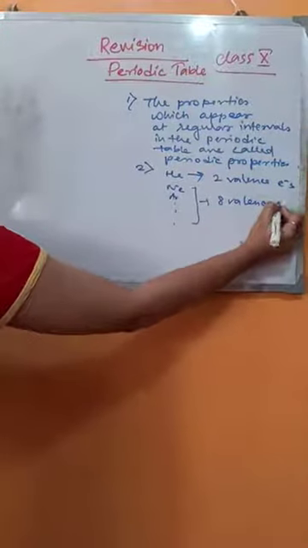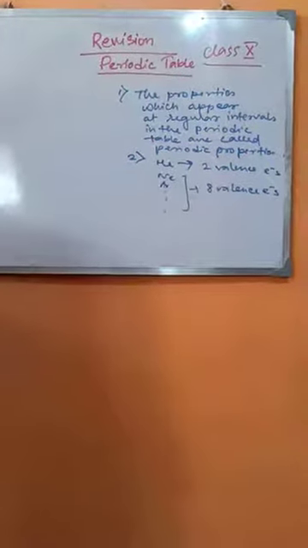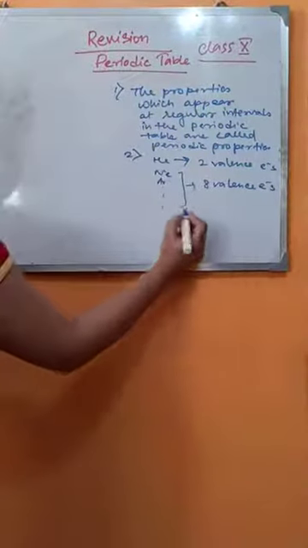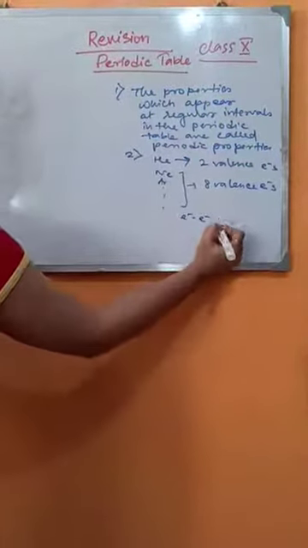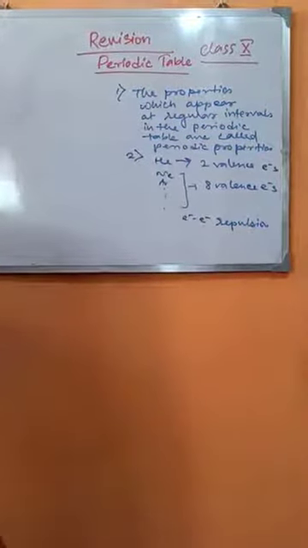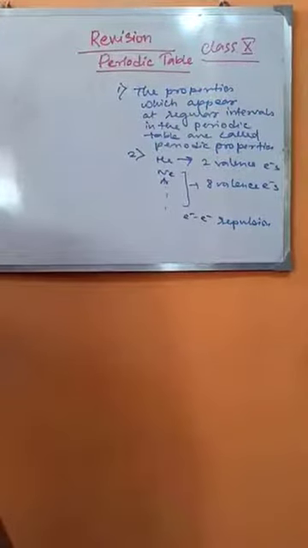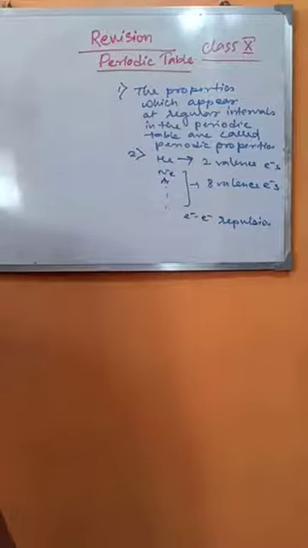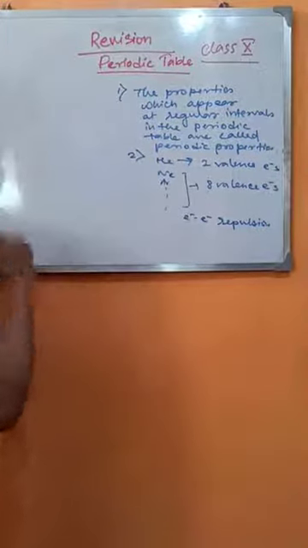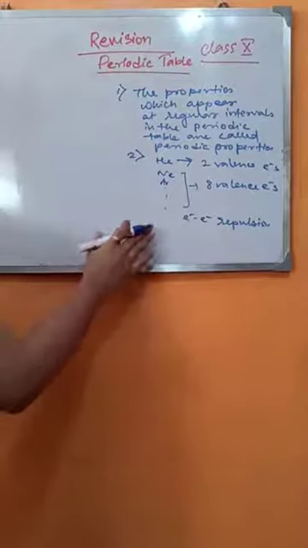So their outermost shell, or the valence shell, is completely filled. Because of the completely filled valence shells, there is electron-electron repulsion among the electrons, or you can say that a force of repulsion exists between the electrons. This electron-electron repulsion increases the atomic size of the noble gases. So, neon has a larger atomic size than fluorine.